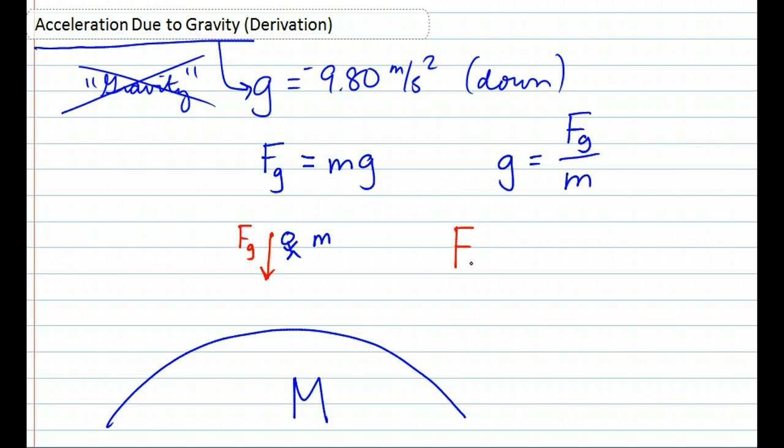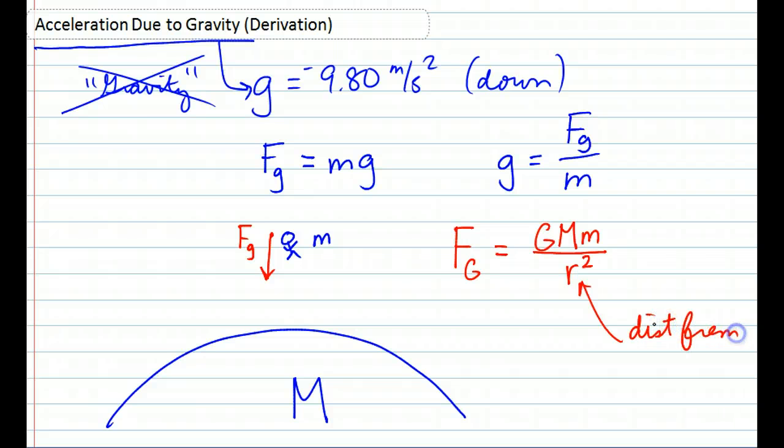Alright? And the thing is, we have to be careful about this force of gravity. It's really equal to the gravitational constant times the mass of the Earth times the mass of the guy, all over his distance from the center of the Earth squared. So hopefully you remember that this r is the distance from the center of one object to the other.